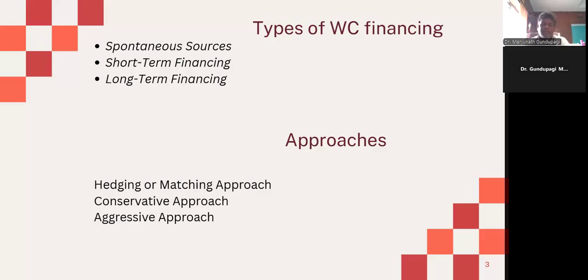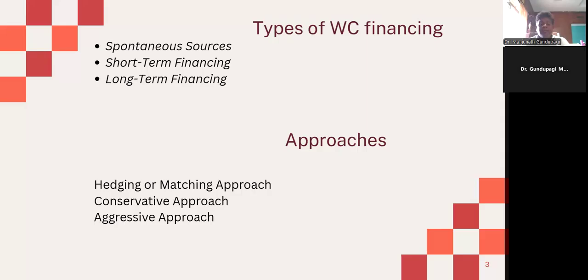For example, if we want to sell inventory in 90 days, it is financed by a 90-day bank loan. The biggest advantage of this matching approach is reduced interest burden, and alignment of the cash inflows and outflows.